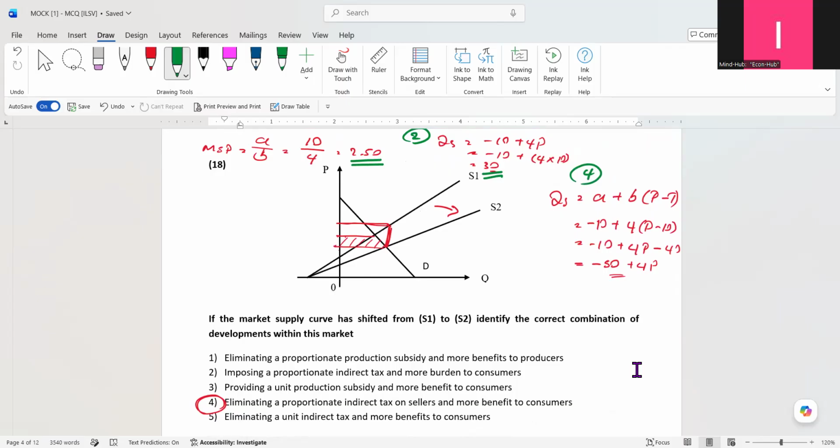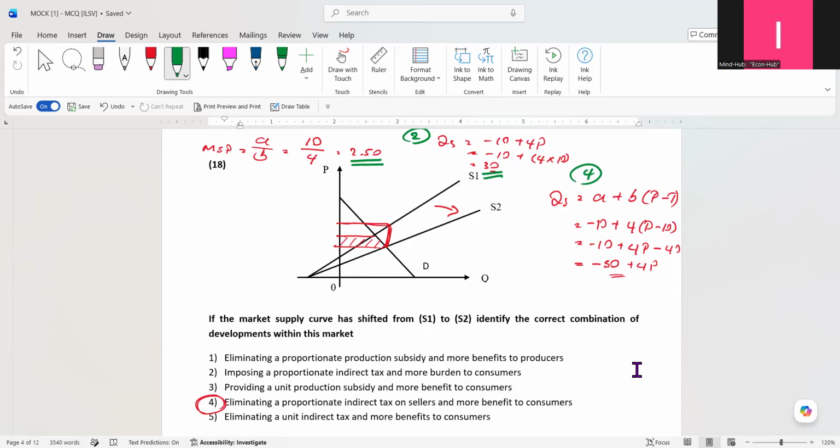Both the S1 supply curve and the S2 supply curve are elastic. When supply is more elastic than demand, if it's a tax, suppliers will pay less tax. But removing a tax is equal to a benefit that you get from a subsidy. So if it's a benefit, you get less benefit also.